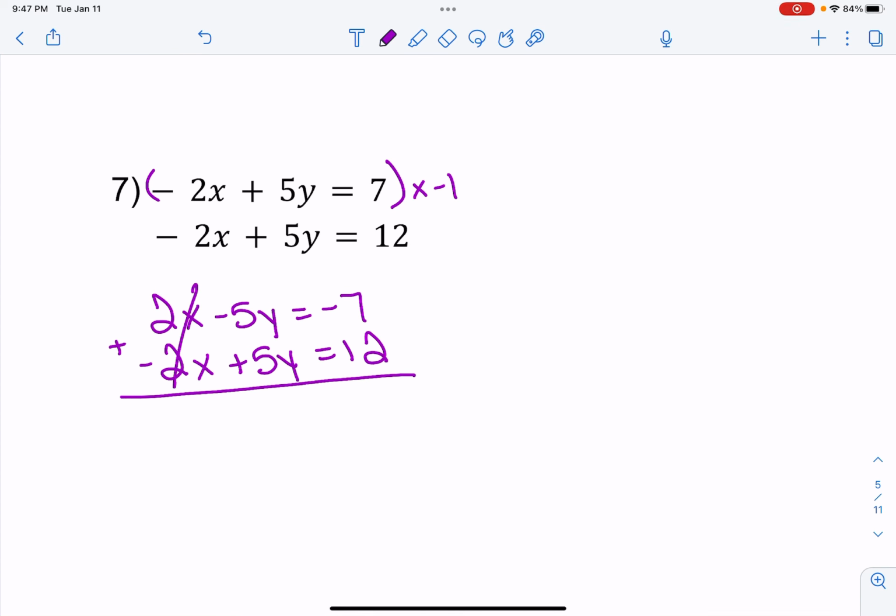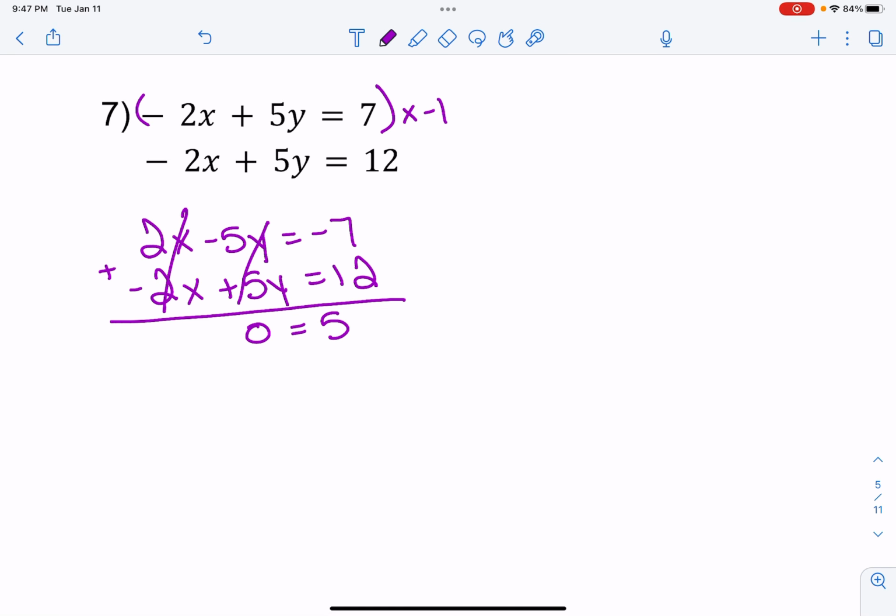That's just a 0. Negative 5y plus 5y goes away, so we just have 0. And then negative 7 plus 12 is 5. So we end up with this statement of 0 equals 5.